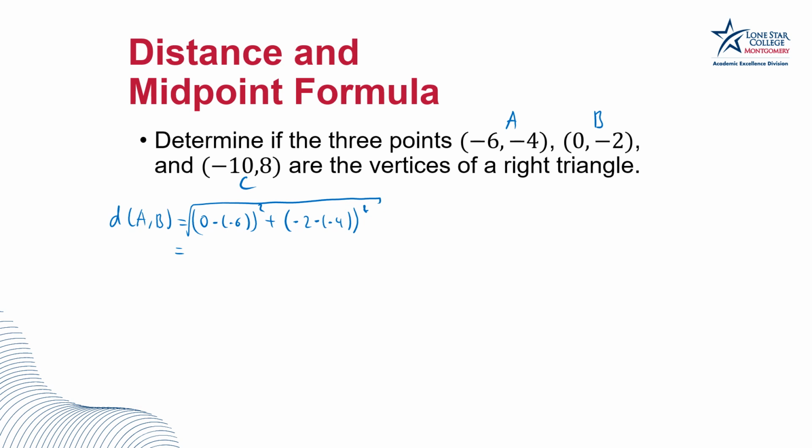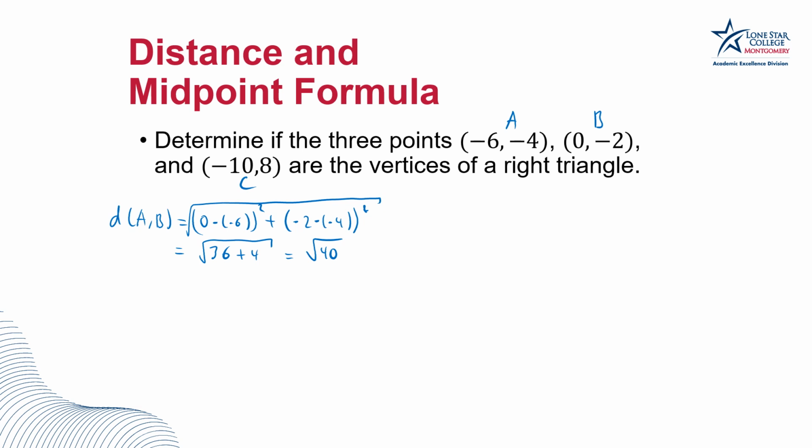So positive 6 squared is 36, and then negative 2 plus 4 is positive 2 squared is a positive 4. So we add them, we get square root of 40. So I'm just going to leave it as square root of 40 for now. No need to rationalize, because it'll make sense in a little bit.